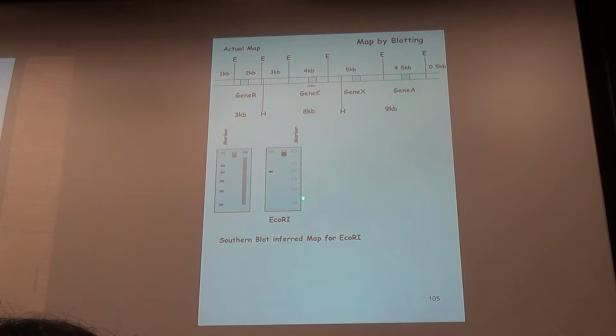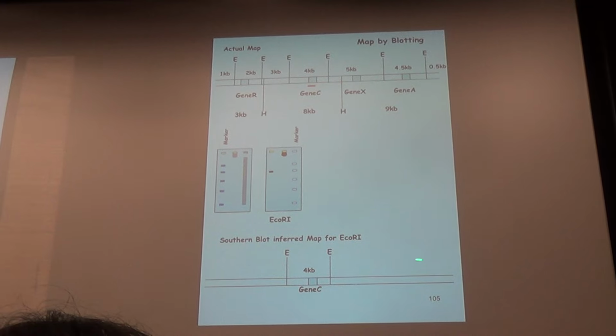Right there. 1, 2, 3, 4. That band is at that 4 kb. So you can now draw a map, a restriction map for gene C based on this plot. And you can say that the restriction map looks like this for gene C.